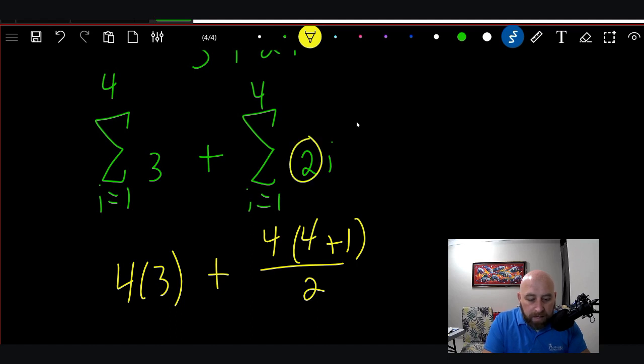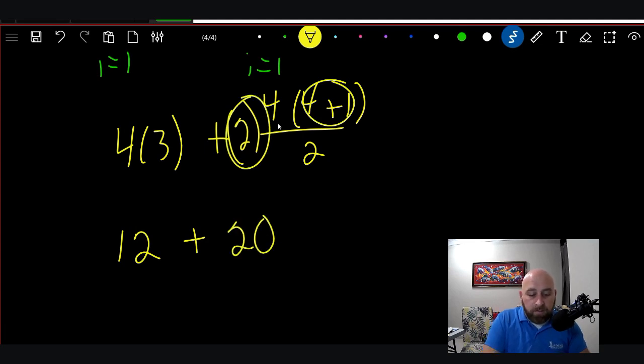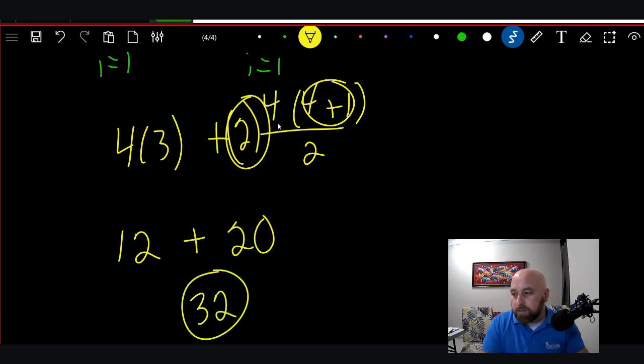And I'm going to pull that multiplier of 2 out there so that you can see that sitting out there. Okay, just go ahead and solve it. We're going to get 12 plus, and this is going to be 5 times 4, 20 divided by 2 is 10, times 2 is back to 20. So this would be 32 would be our answer on that one.